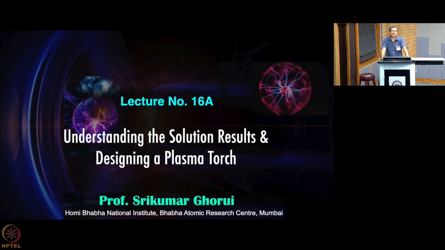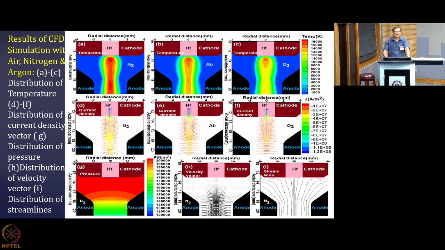Hello everyone. So we are back again, and what we started in our previous class is understanding the solution results that we obtained from the simulation using the fluid model, and we are trying to understand why this zone is having very high pressure.